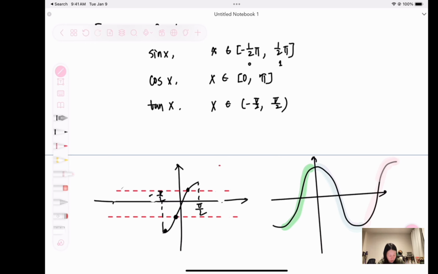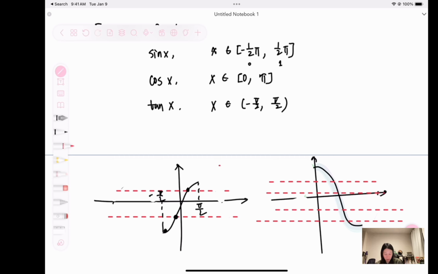These are 3 different colors. Let me highlight this a little bit deeper so you can see it clearly. But the most common one is we always choose the starting point including 0. So let's say we pick this one. Well, this is going to pass the horizontal line test, because every horizontal line intersects it at only 1 point. So that means the restricted domain is from 0 to pi.